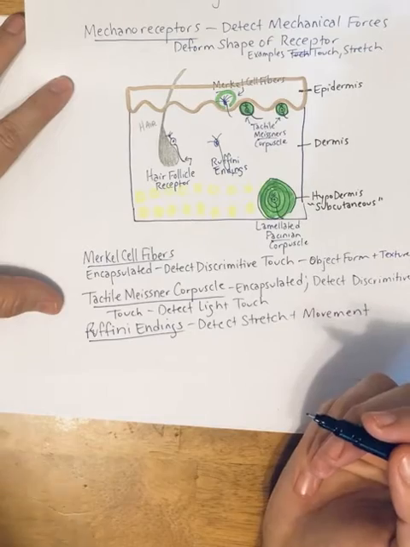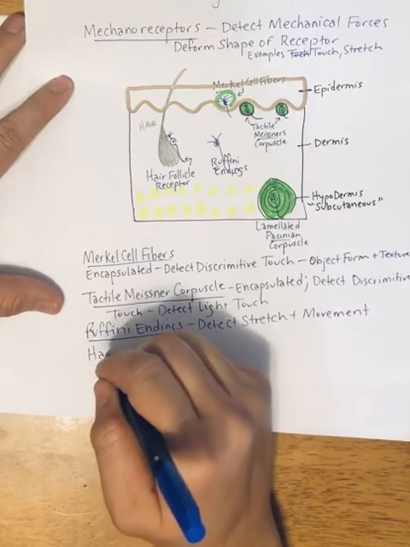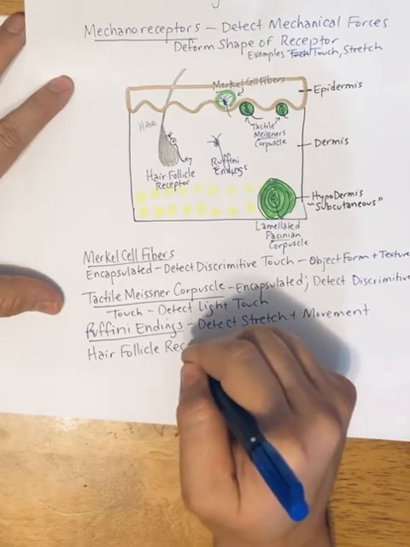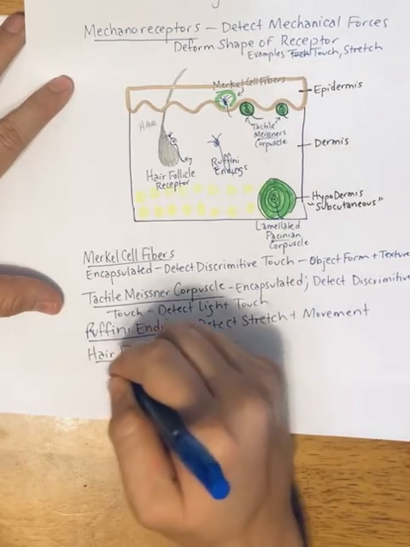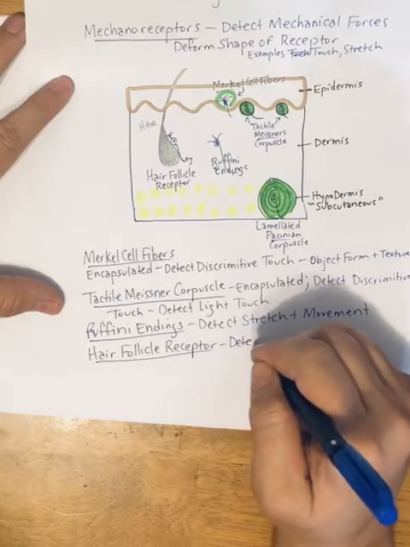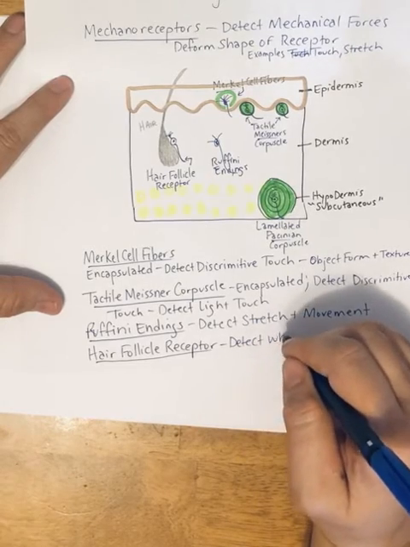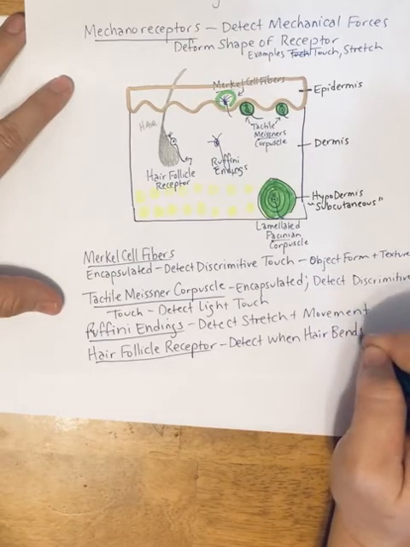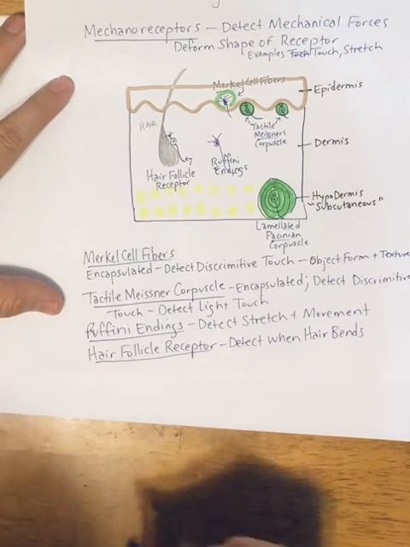Okay, your hair follicle receptor. This is going to detect when your hair bends. Some people love for their hair follicle receptors to be fired off.